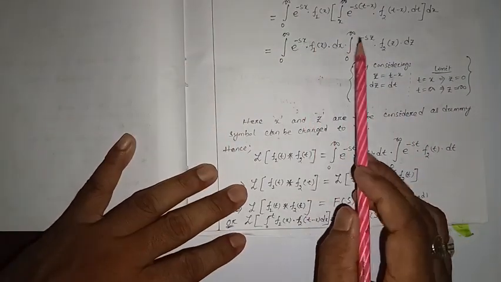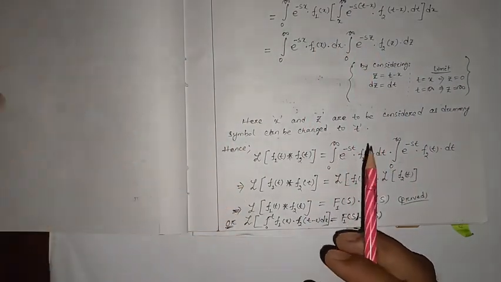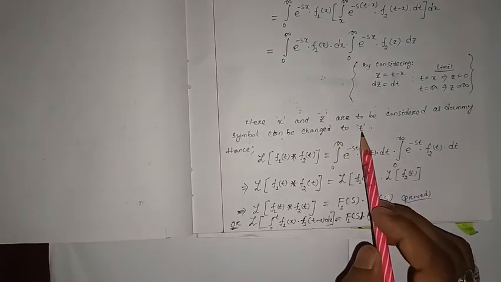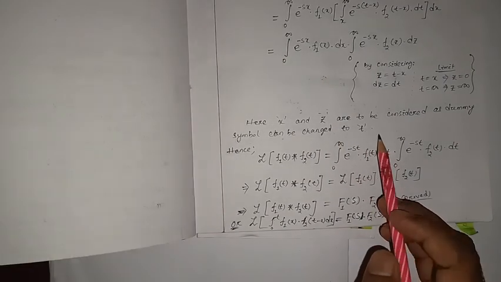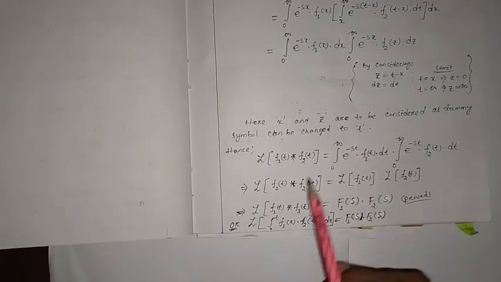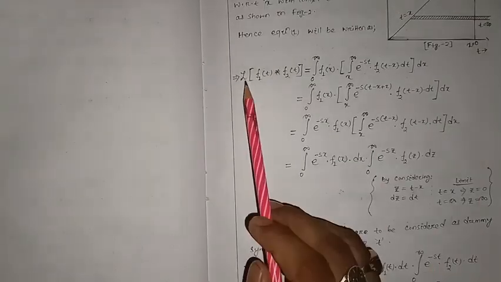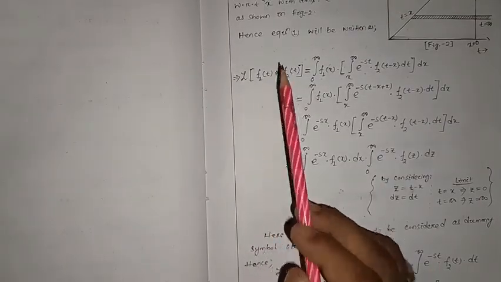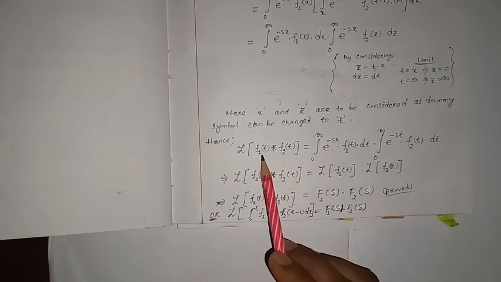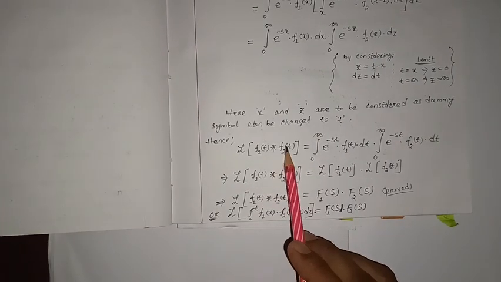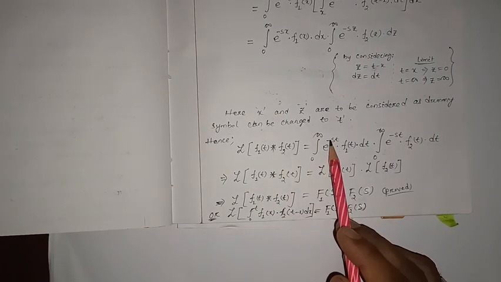Here both x and z are dummy symbols and can be changed to another variable t, or another symbol. So hence we can write the Laplace transform of the convolution of the two functions f1 and f2 as function of t equal to 0 to infinity e to the minus st.